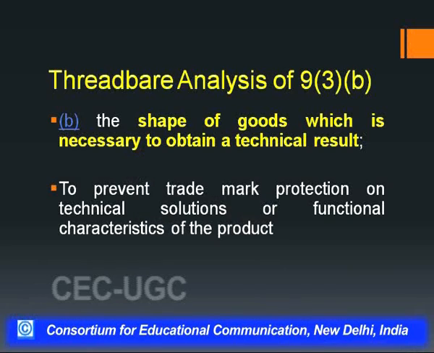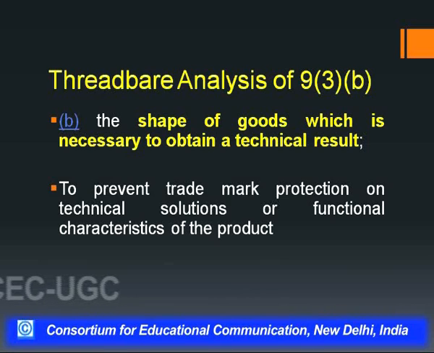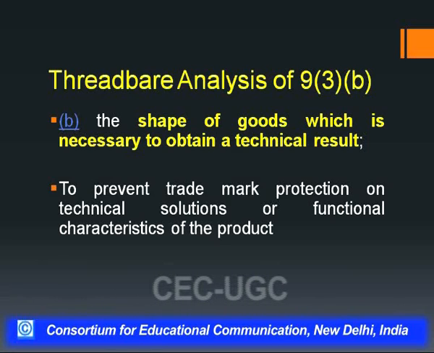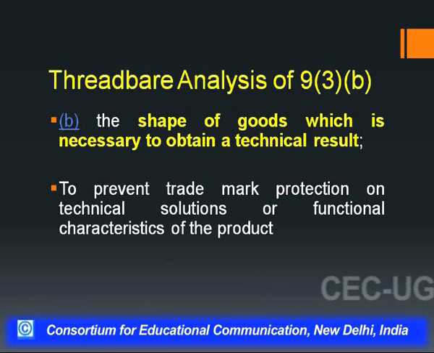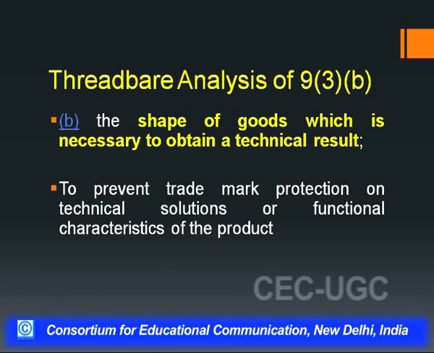If you see the rationale behind the exclusion, this shape of goods which is necessary to obtain a technical result is basically to prevent trademark protection on technical solutions or functional characteristics of the product. See, there are some shapes which are necessary for the functioning of the products, for the working of the goods. If that shape itself gets registered, and after the registration one gets the monopoly over it, only he or she will be able to continue to use that shape, others will be deprived of it.